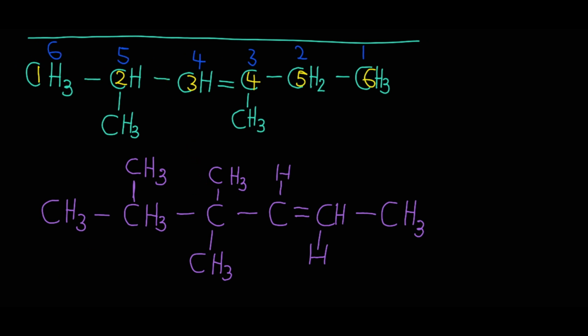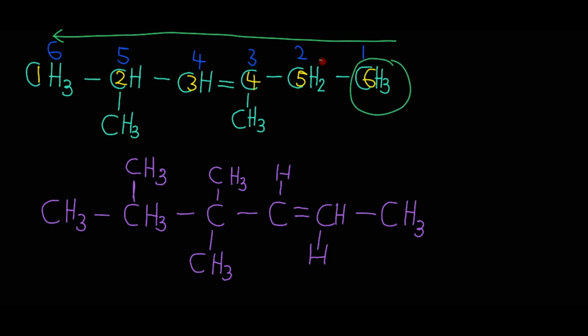Let's see when we move from right to left. This is 1, this is 2, and then our double bond is at carbon number 3. So now either way our double bond is at carbon number 3. But now there is something very important. In this situation, you don't say that because I can move from left to right and from right to left it is the same, so we cannot choose. It doesn't work like that.